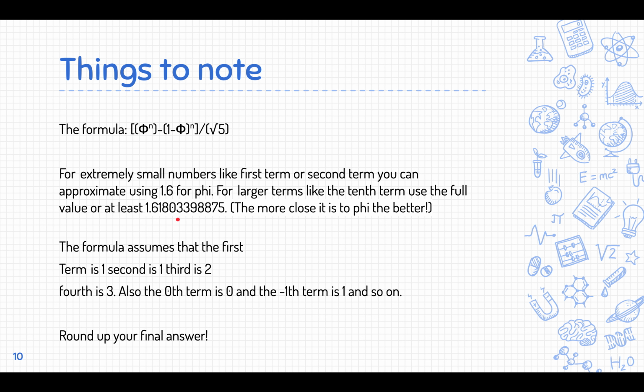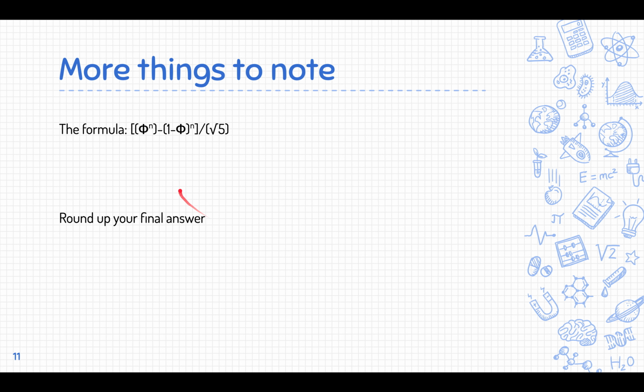Also, the formula assumes that the first term is 1, the second is also 1, the third is 2, the fourth is 3, the 0th term is 0, and the negative 1st term is 1, and so on. Remember to round your final answer. If you plug it into the calculator, you'll probably get something like 0.998 for the first term, and that's basically 1. So the answer for the first term is 1, because you just have to round up a bit.